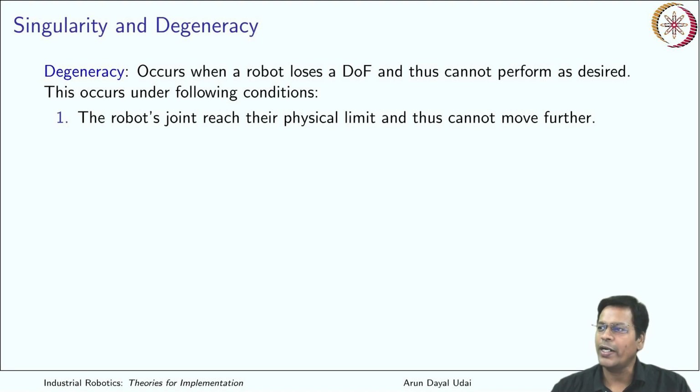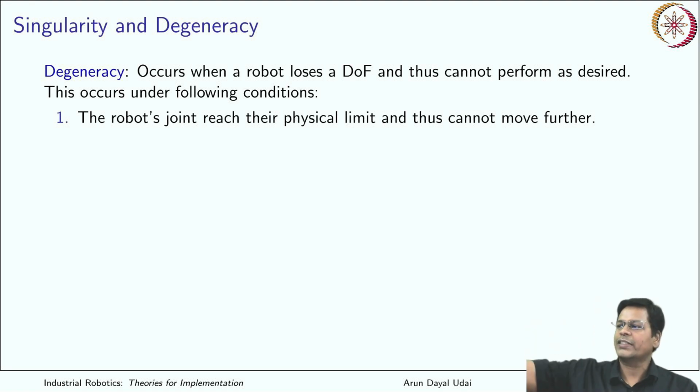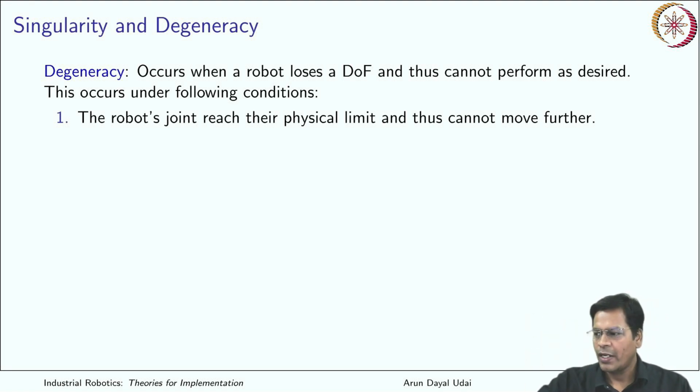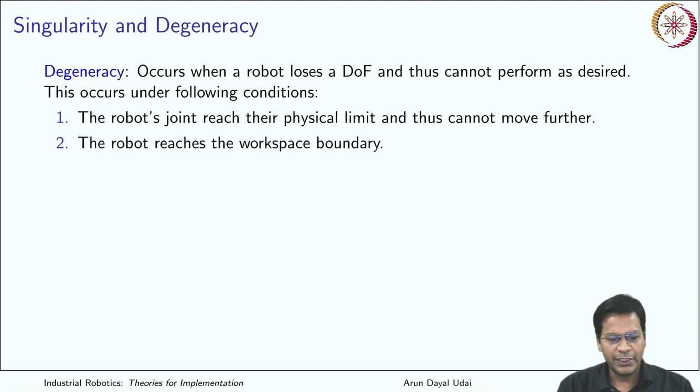The robot joints reach their physical limits and thus cannot move further. You have fully extended your robot arm and now you cannot do certain functions. It is not always true that you see a singular matrix in a few of these conditions. So the robot reaches its workspace boundary.